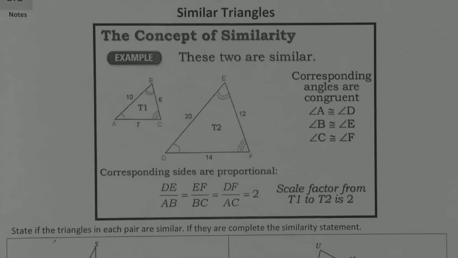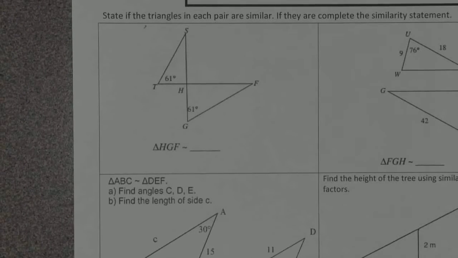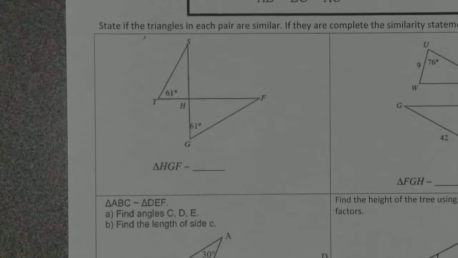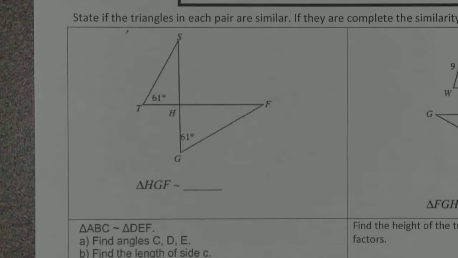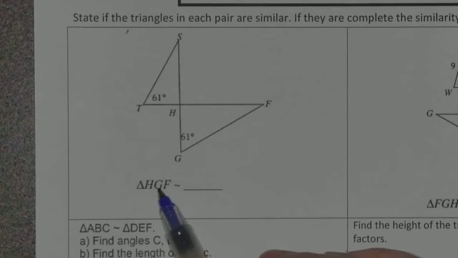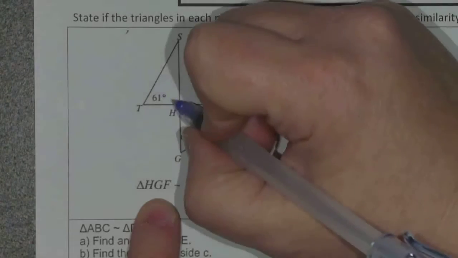So when we're looking for similar triangles, we're looking to see if they have the same angles and if they have proportional sides. So let's take a look at this first triangle right here and decide, first of all, which triangle we think would be similar to HGF. Now, if you remember when we talked about this, we have to do it in the same order.